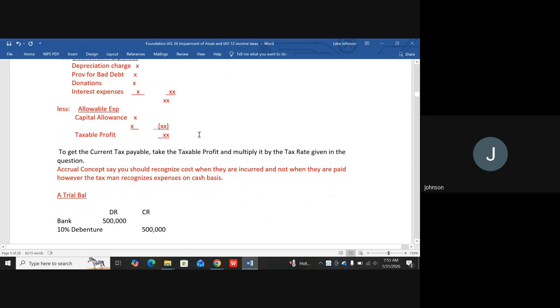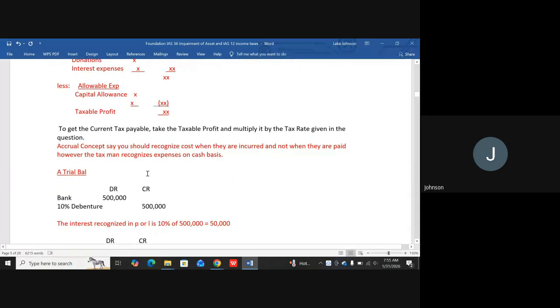We also went further to say that when you take the tax rate and multiply it by the taxable profit, what you get is what we call the current tax. After the current tax, we go to deferred taxes. Before that, we also said there are certain things that the taxman doesn't allow. An example is when you create provisions for accruals.